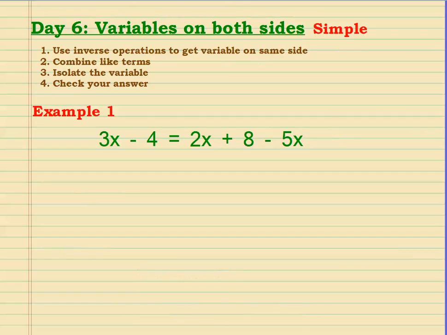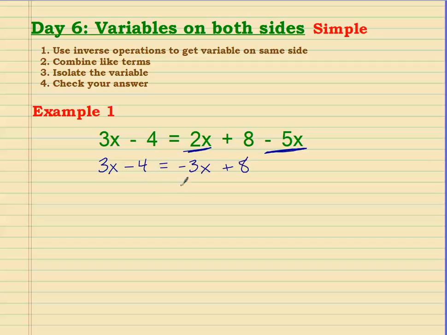So the how to solve, I just copied up here. And this one is a really simple one, but it has like terms on the same side and on the other side of the equation. So what I'm going to do first is combine my like terms. So I'll rewrite 3x minus 4 is equal to, now I take a positive 2x and a negative 5x, and I get negative 3x plus 8.